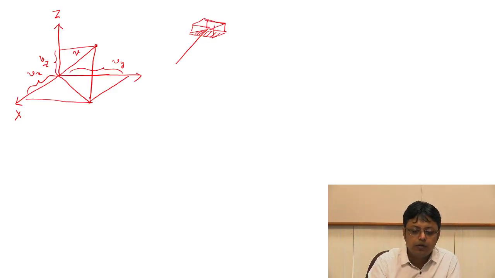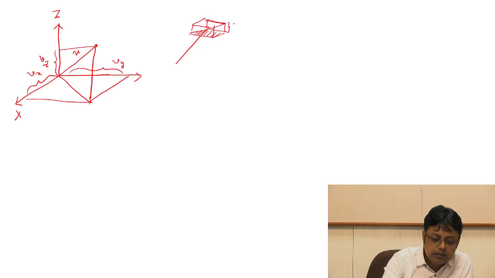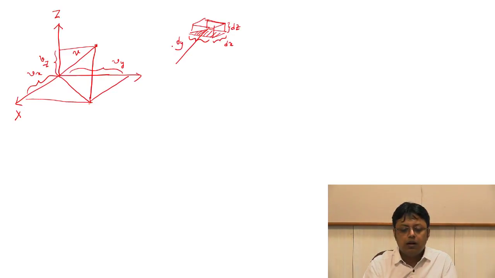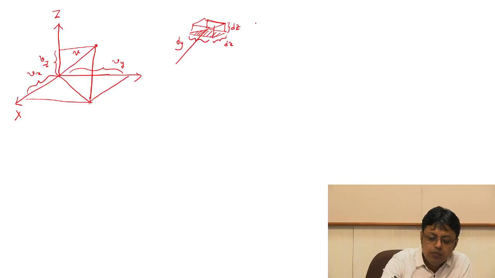So that's a 3-dimensional volume, where this side is dVz, this side is dVx, and this side is dVy. So that volume, if you just write it as dv, is dVx times dVy times dVz, because this is a velocity space. So that is basically dv, a small v, dVx dVy dVz.